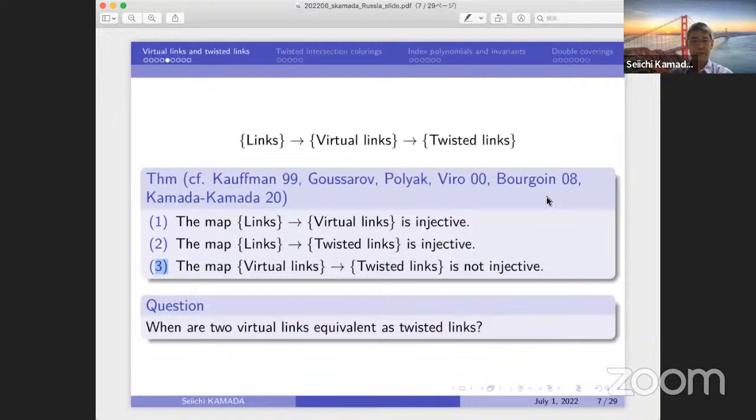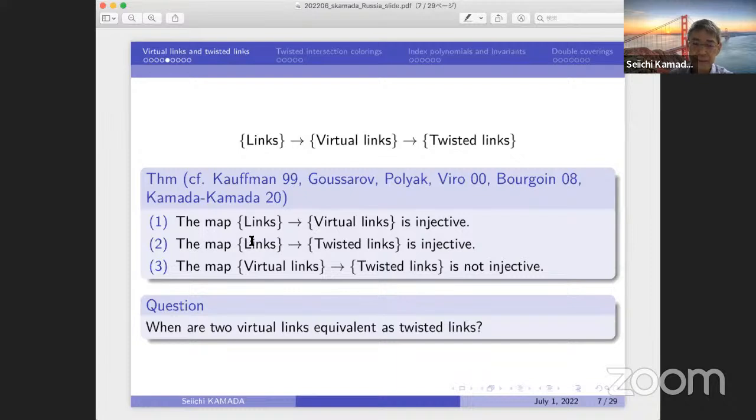These are natural maps, and the map from the set of links to virtual links is injective. This means two classical diagrams are equivalent as classical links if and only if they are equivalent as virtual links.